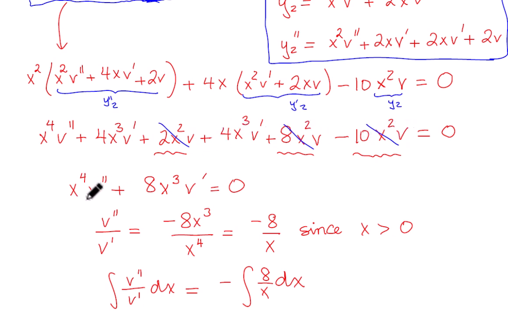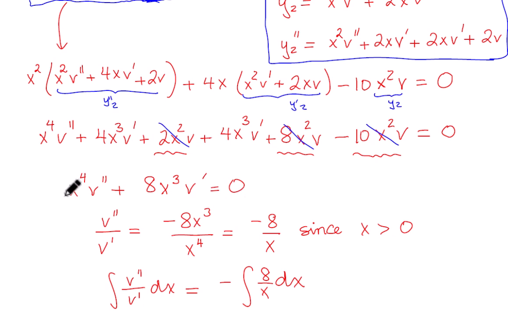All right, so that's that term. What about the v prime? All right, I've got a 4x cubed, another 4x cubed. That's there. Now the v's, let's see, got a 2 there, an 8 there, and a minus 10 there. And so those completely cancel.